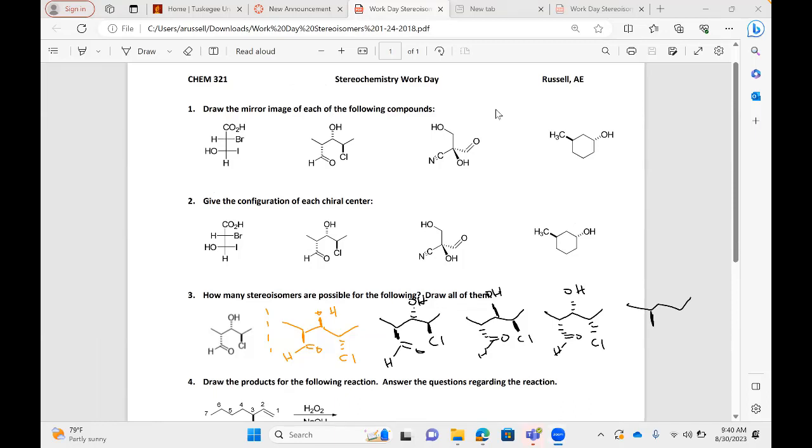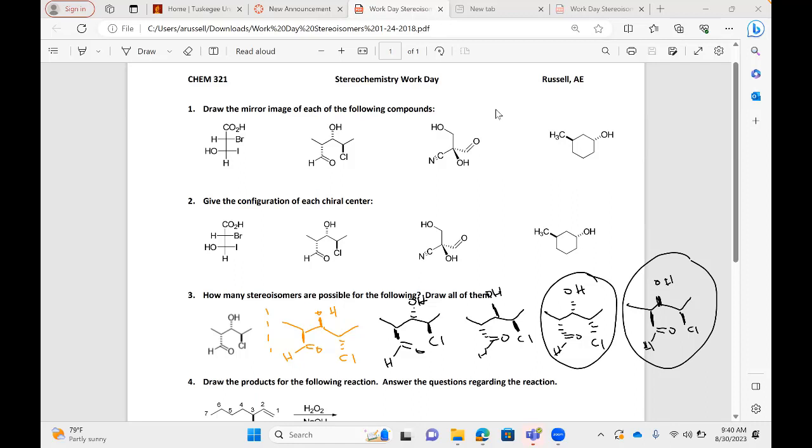That's exactly right. So that's that, and then that's that. This is the mirror image of that. You agree with that? Yes, sir.